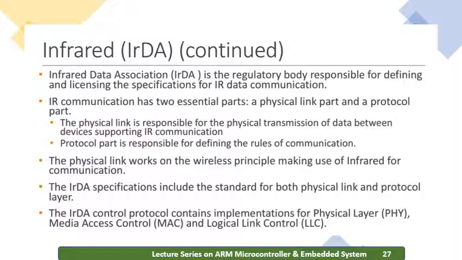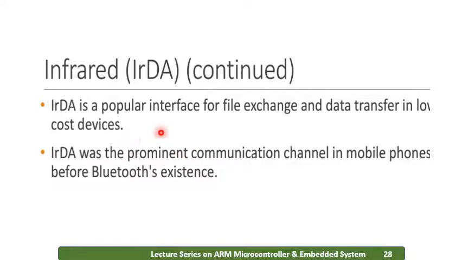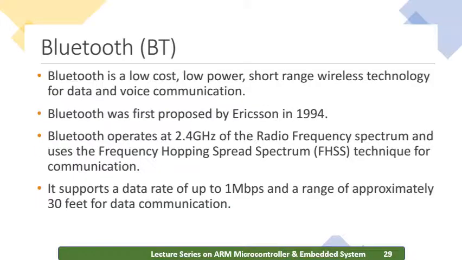And the regulatory body for this one is the Infrared Data Association, and it defines the specifications and the operating principles. Okay, so the IrDA control protocol contains implementation for the physical layer, MAC layer as well as the logical link layer. So IrDA is a popular interface for file exchange and data transfer, and it was the most prominent communication channel in mobile phones before Bluetooth existed.